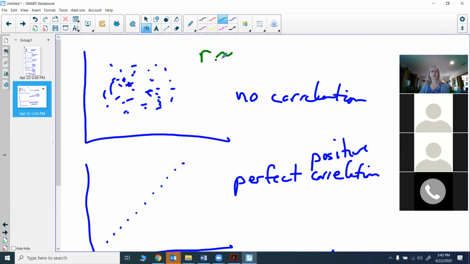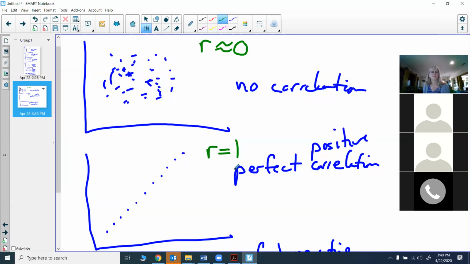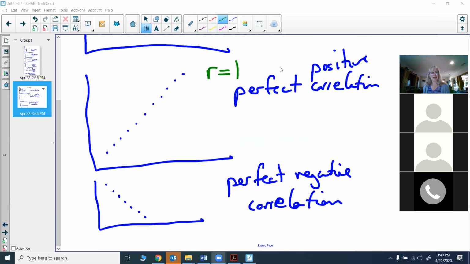So like 0.02 would be considered this. A perfect positive would have an r exactly equal to 1. And a perfect negative, as Jacob just said, would have an r exactly equal to -1. Perfect.